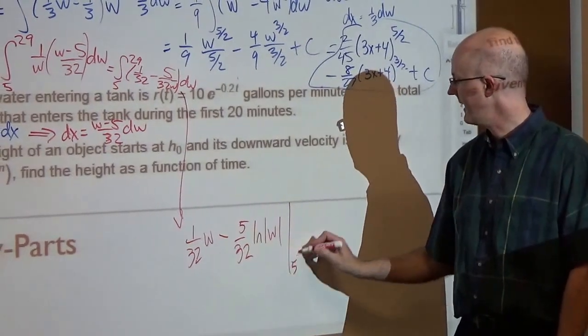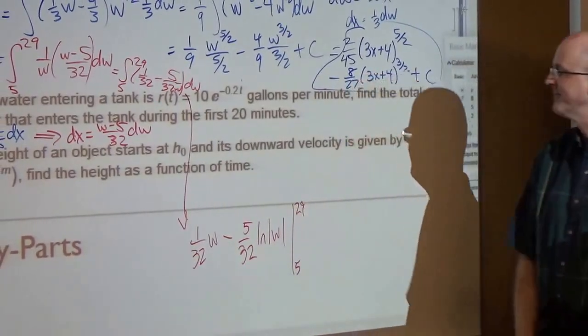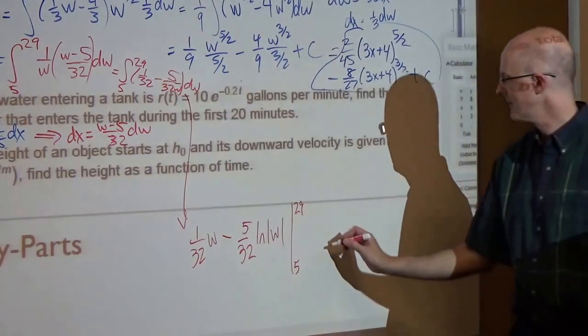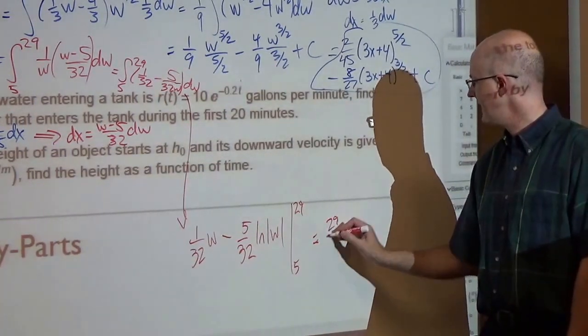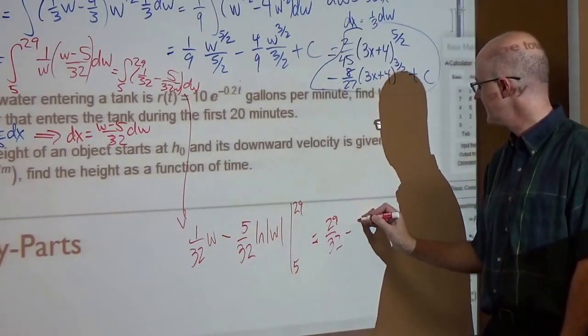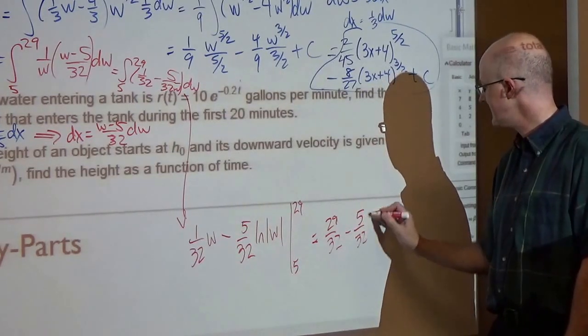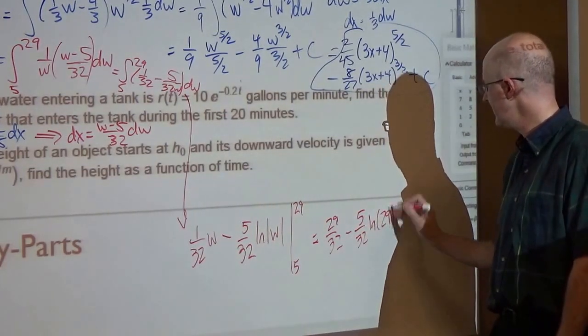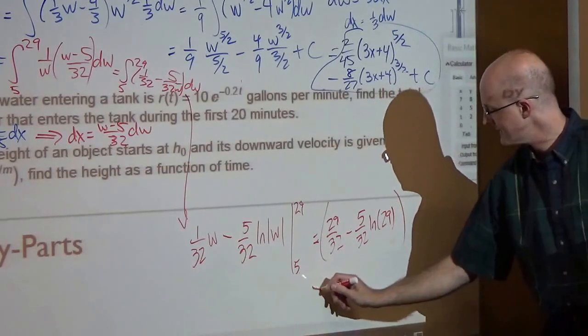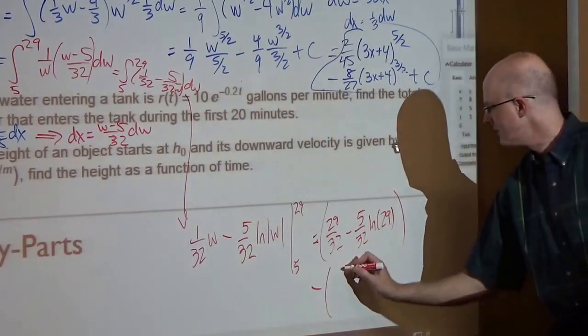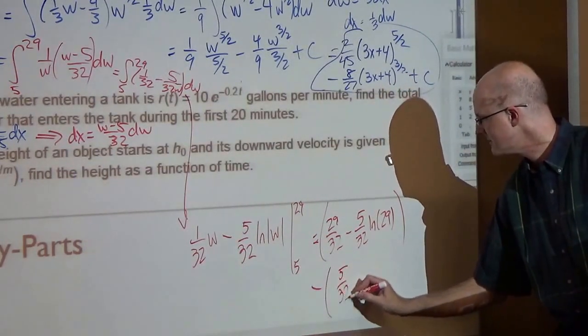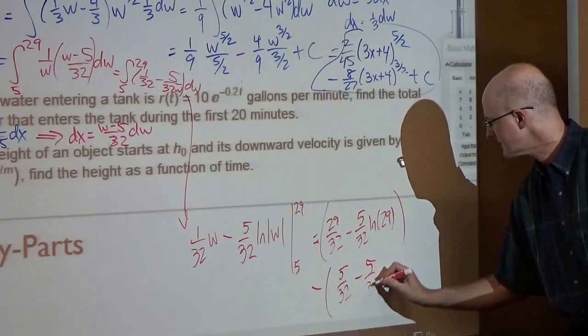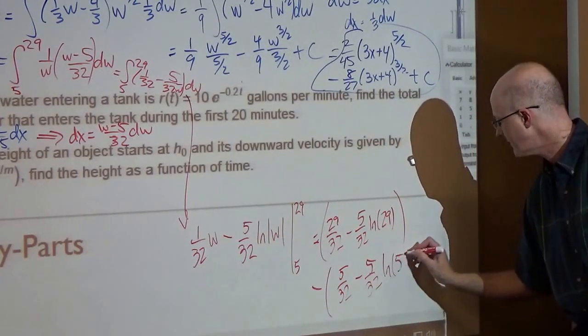I'll leave them there anyway. So we're going to get 29/32 minus 5/32 natural log of 29. Put all that in parentheses and then subtract 5/32 minus 5/32 natural log of 5.